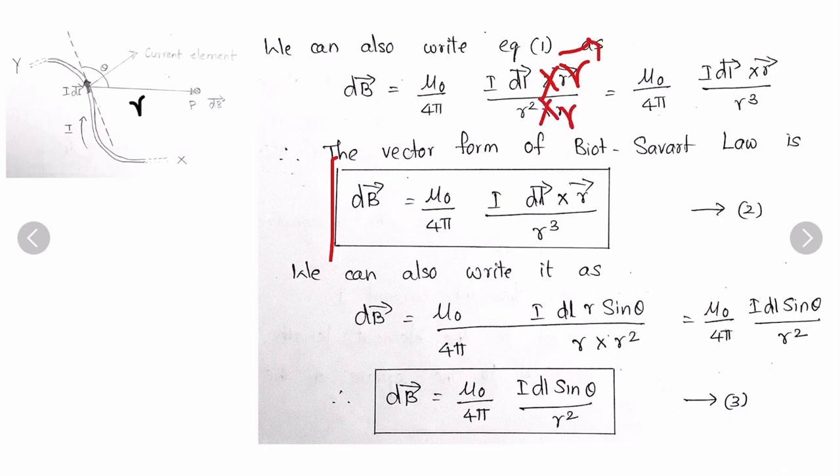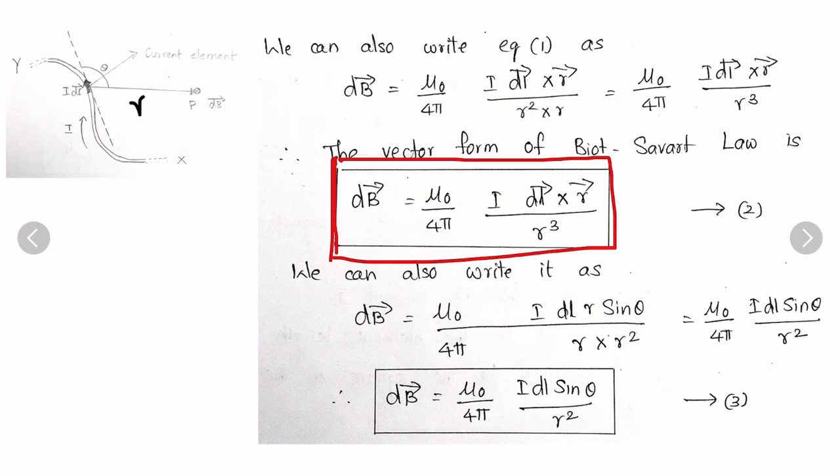Similarly, the denominator we multiplied with R bar. Then we get mu 0 by 4 pi I dL bar cross R bar divided by R cube. Therefore, we can write the vector form of Biot-Savart's law as dB bar is equal to mu 0 by 4 pi I dL bar cross R bar divided by R cube. This is the second form of Biot-Savart's law.